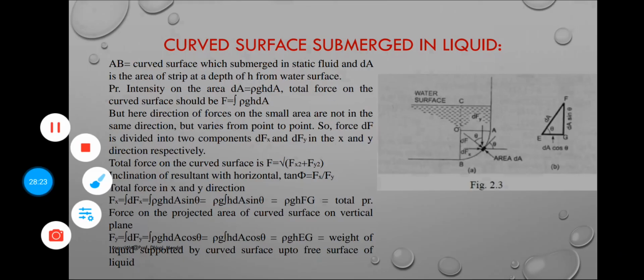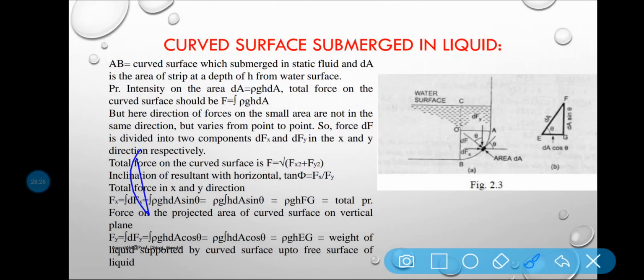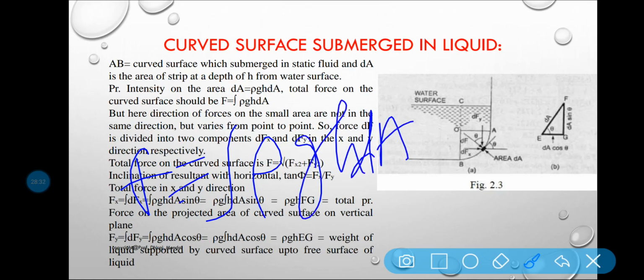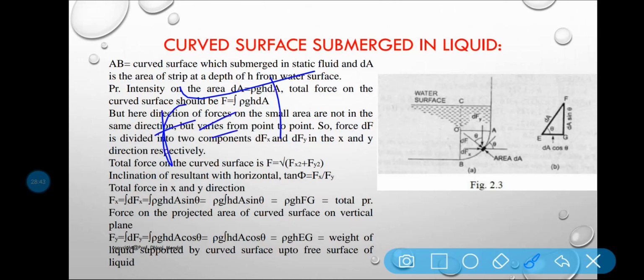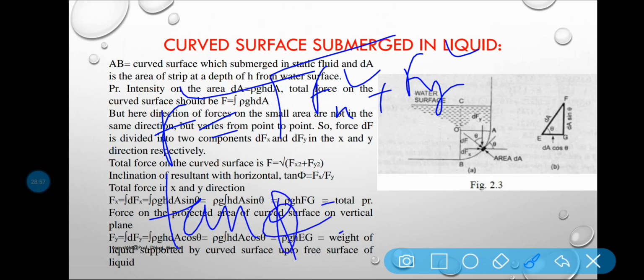So here you can see, in case of curved surface, F is equal to integration of rho g h dA, the same equation we discussed previously. Already I have discussed that. So here dF is equal to this, and F is equal to root over Fx square plus Fy square. Am I right? So that is your resultant force, and tan theta is equal to Fy by Fx.